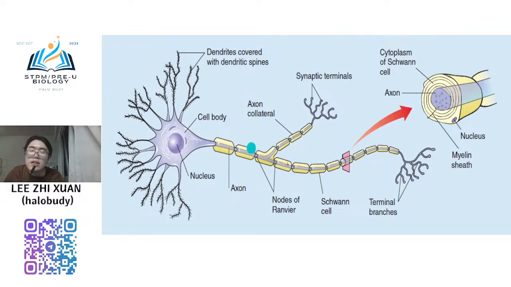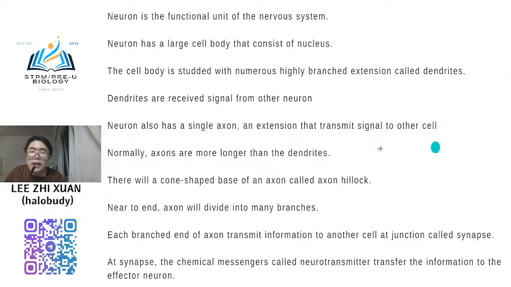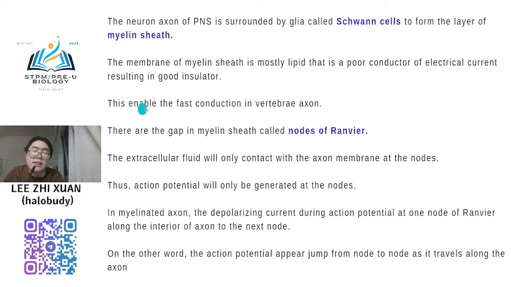This is a very important feature, one characteristic of the nerve impulse, that the nerve impulse is transmitted by jumping from one node of Ranvier to the next. This enables fast conduction in myelinated axons.